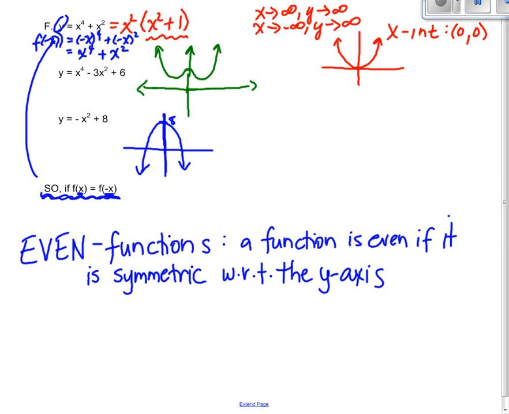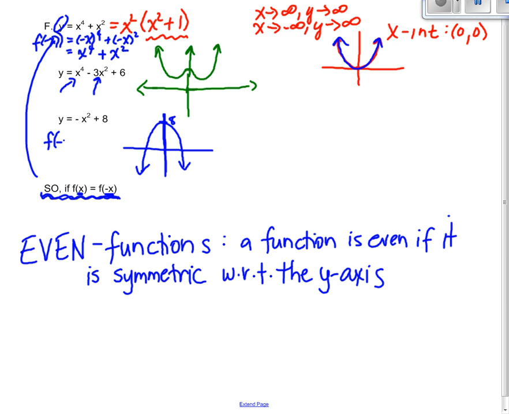And what it looks like is perfectly balanced around the y-axis. Same with the second one. If I were to put a negative x there and there, put them to the power of 4 and to the power of 2, I would end up with what I started. It won't change the function. It is an even function.